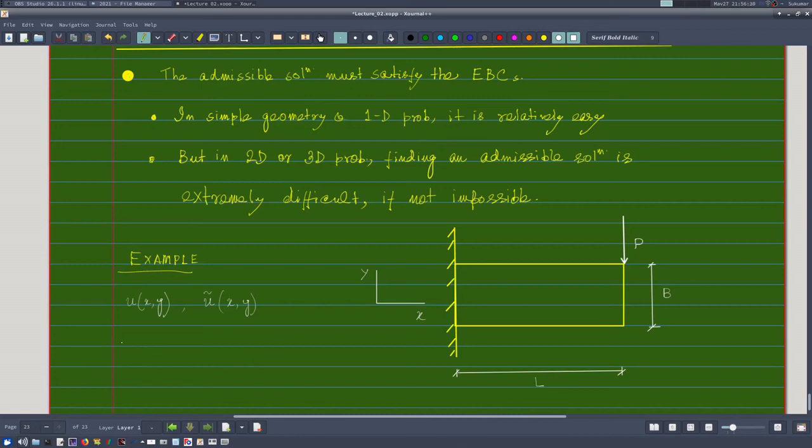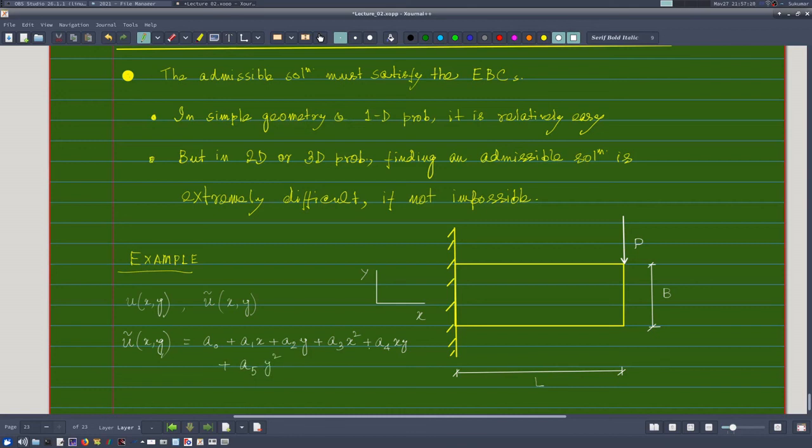Suppose my u tilde of x, y is a0 plus a1x plus a2y plus a3x square plus a4xy plus a5y square.